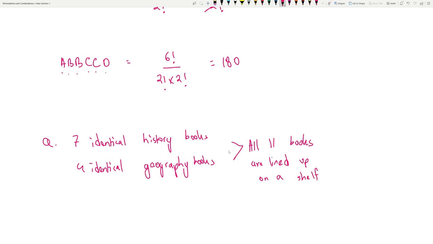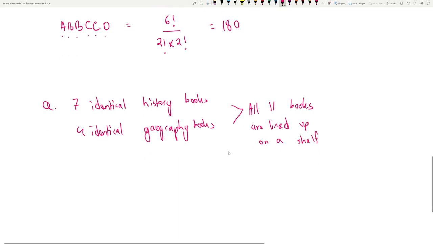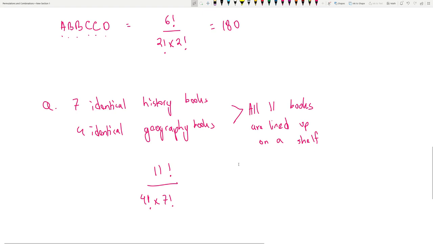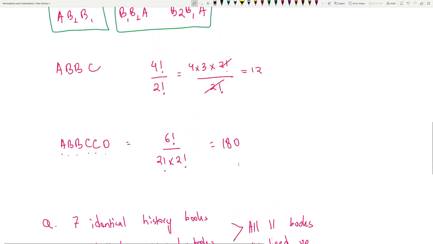What are the possible arrangements? The same concept applies here, since they're identical. You do 11 factorial first, because there are 11 books in total, but then you divide by 4 factorial times 7 factorial. That's the general idea. It's very straightforward, and in this way you can easily do all these sums.